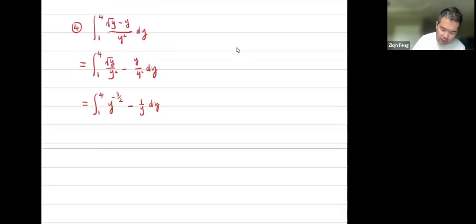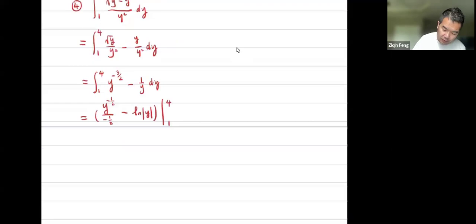And so this is y to negative 1/2 over negative 1/2. That's the antiderivative of the first term. Then minus natural log of the absolute value of y. Then plug in 4, plug in 1, do a subtraction, right?